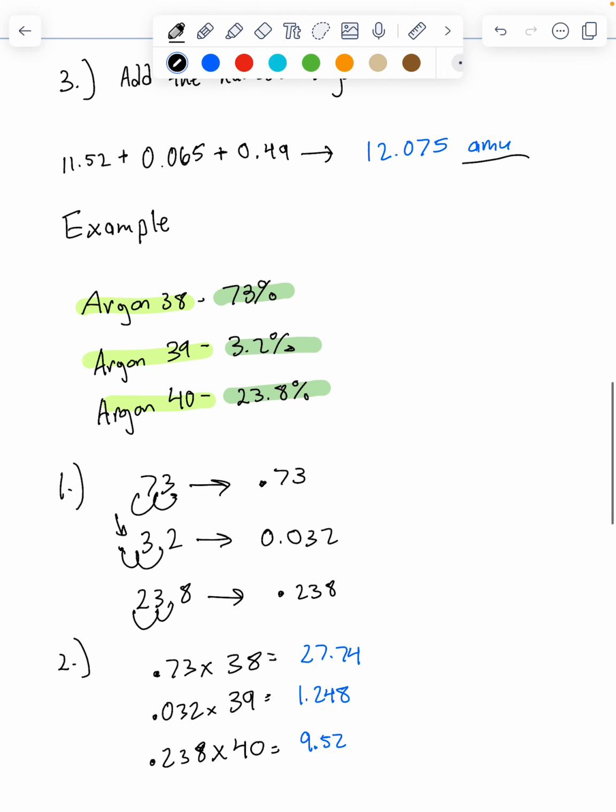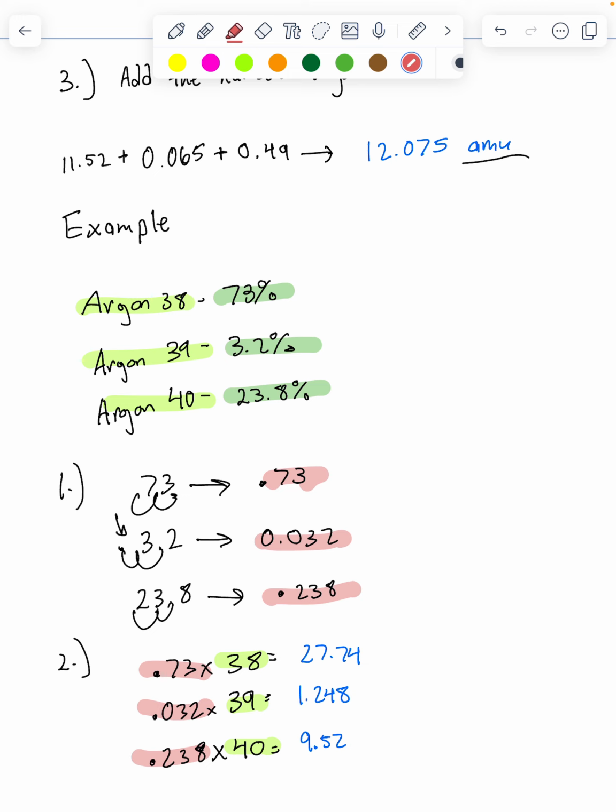Step 2 is multiply by our masses here. So we drop down our masses, 38, 39, and 40, and we multiply it by those new decimal numbers, 0.73, 0.032, and 0.238.